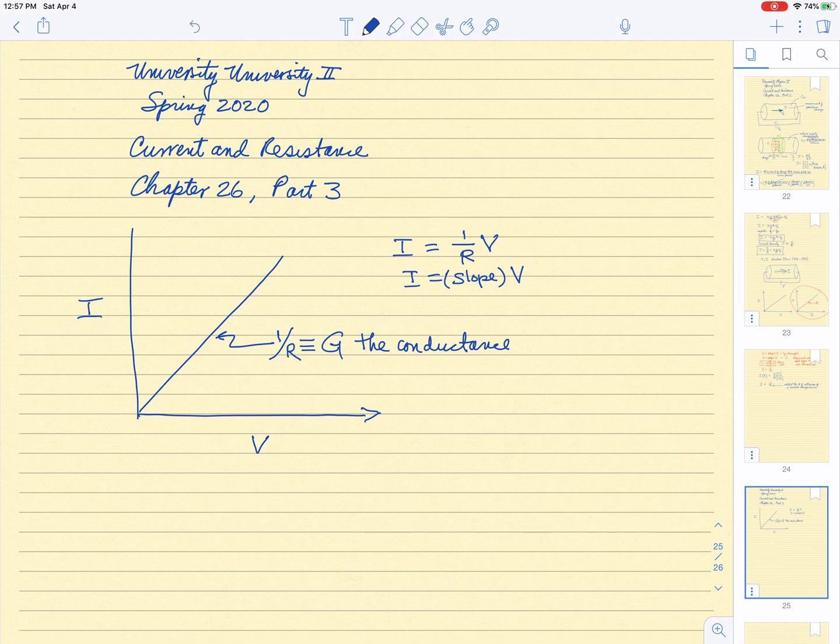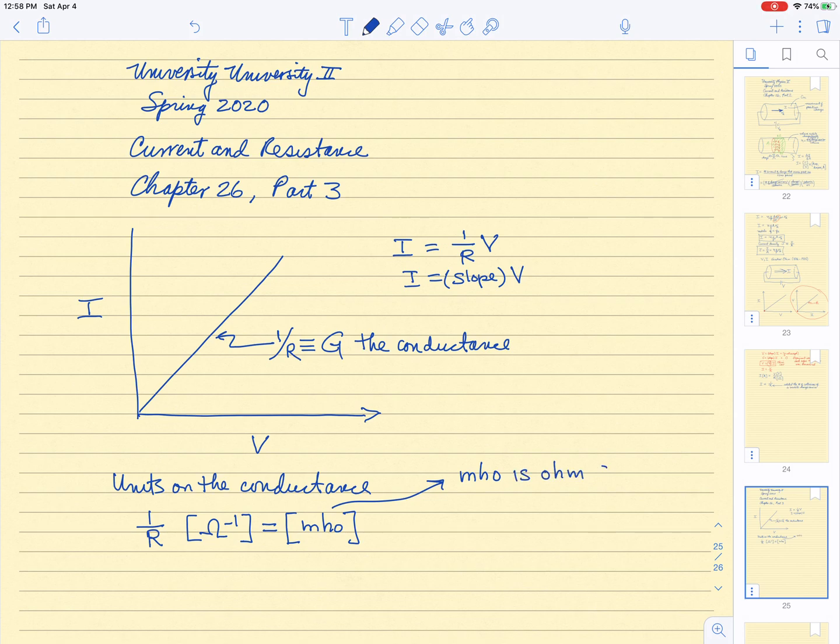And I think we were looking at the units on the conductance. And so the units then are going to be 1 over R, which has units of reciprocal ohms. As I said before I lost you, the unit can also be written as the mho, which I thought was pretty clever, since mho is ohm spelled backwards.